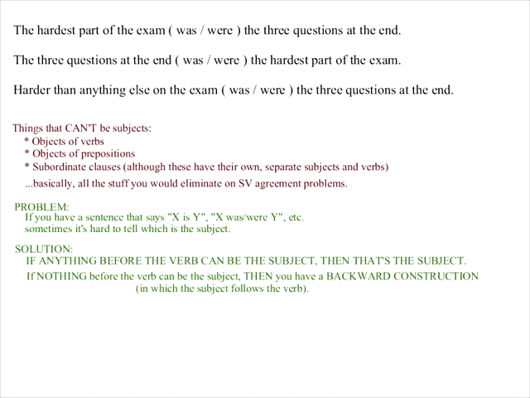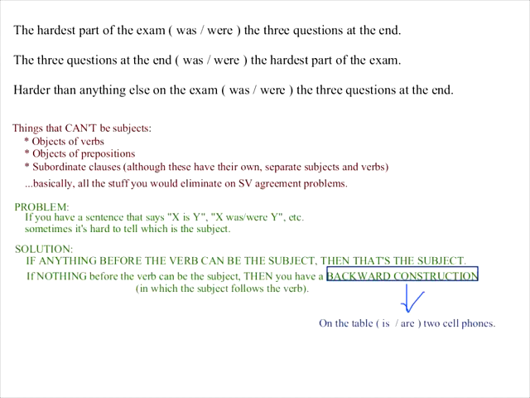Okay, let me give you an easier example of a backward construction before we go to those examples that are up there. An easier example is if I tell you something like, on the table, is or are two cell phones.